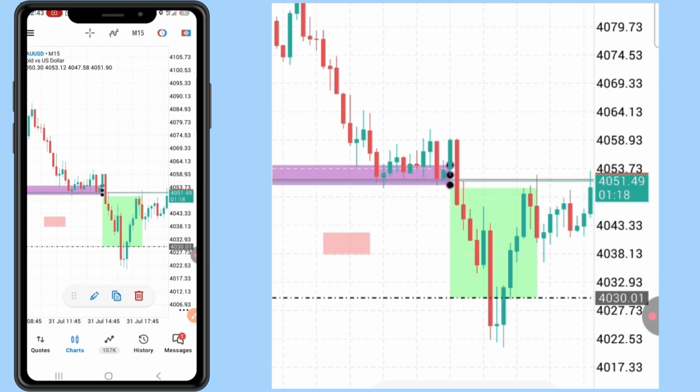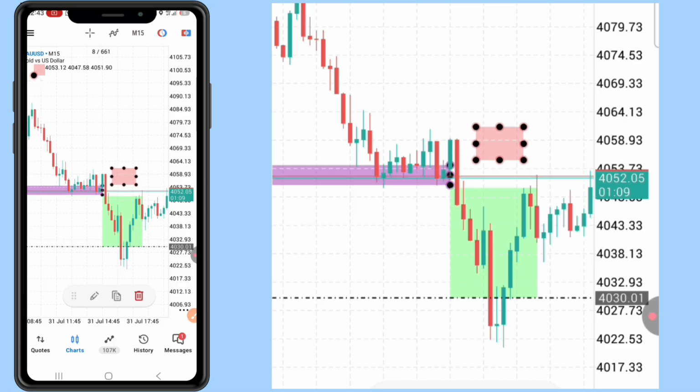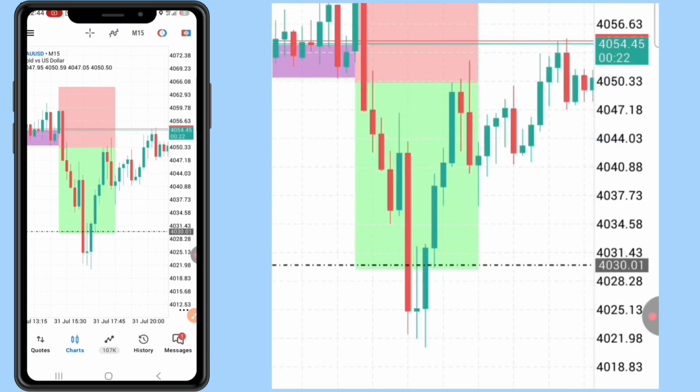Now we are going to identify our stop loss. So allow me to bring this indicator right here, a box right here. Okay, so now this identifies our take profit and stop loss.